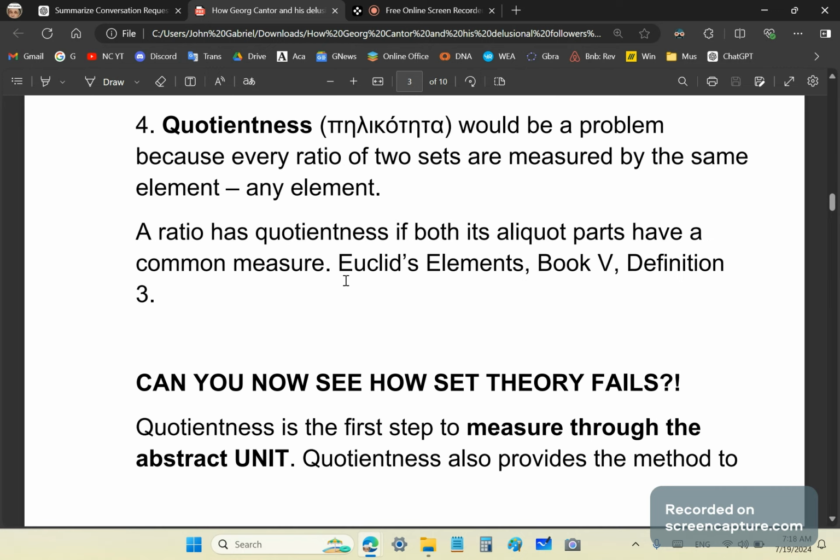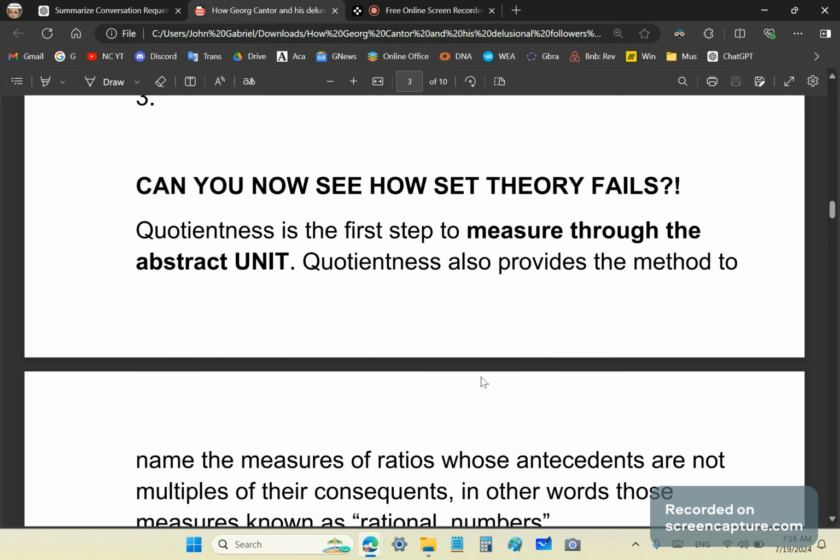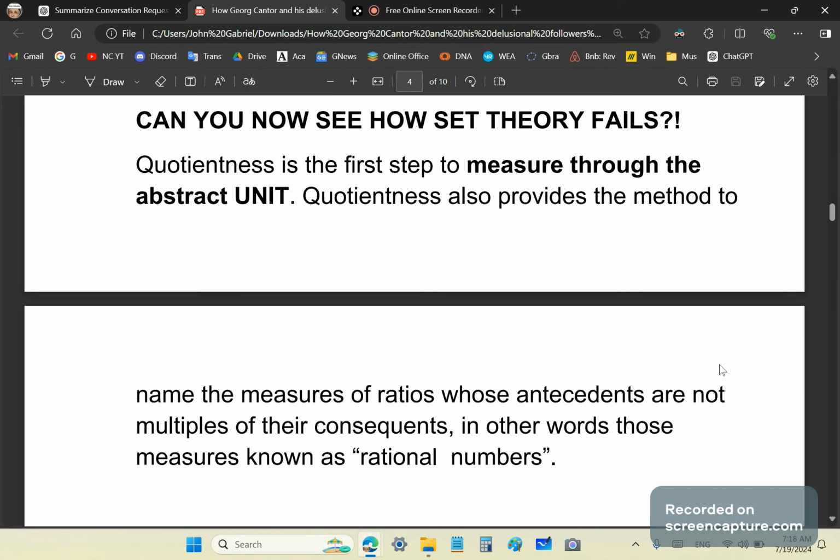And thus, a ratio has quotientness in set theory if its aliquot parts have a common measure. So can you see now how set theory fails? Because quotientness is the first step to measure through the abstract unit. It provides the method to name the measures of ratios, such as natural numbers, fractions, etc.